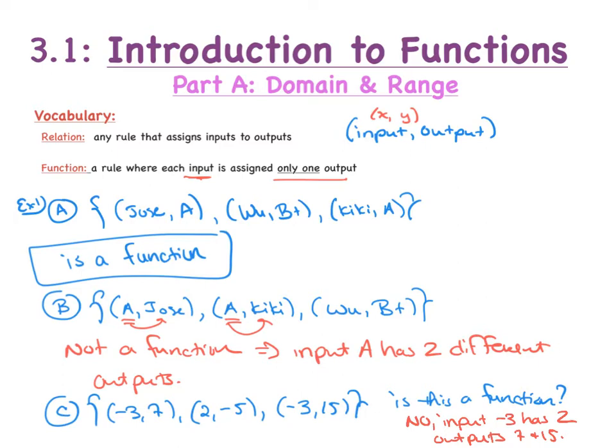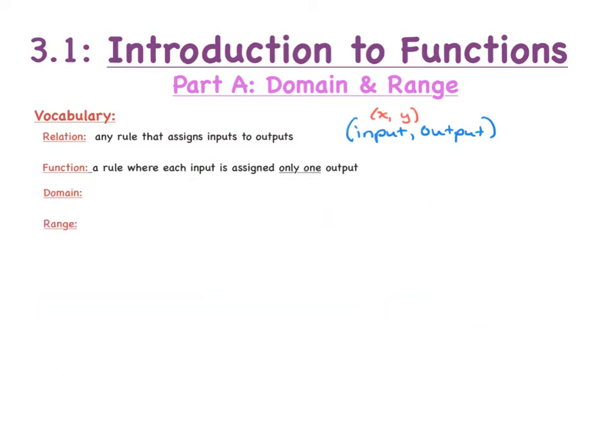Let's do a little bit more vocabulary so we can ask a more robust question. Let's discuss domain and range. The domain is simply the collection of all inputs, or x's, and the range is the collection of all outputs, or y values.